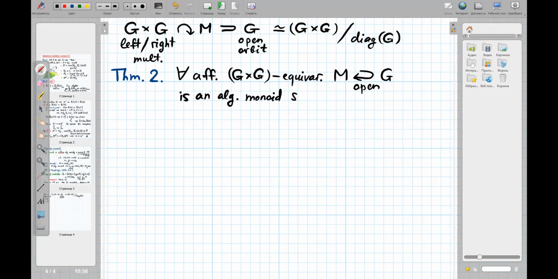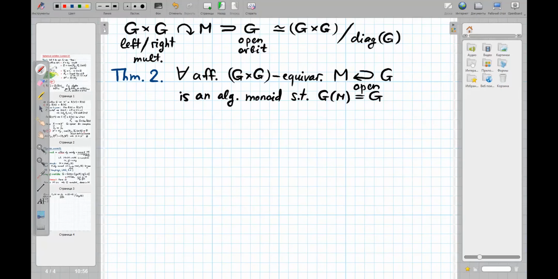Such that its group of invertibles is exactly the group G we started with. In other words, irreducible affine algebraic monoids are the same as affine open equivariant embeddings of connected algebraic groups.